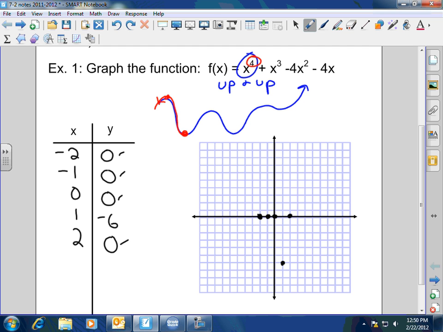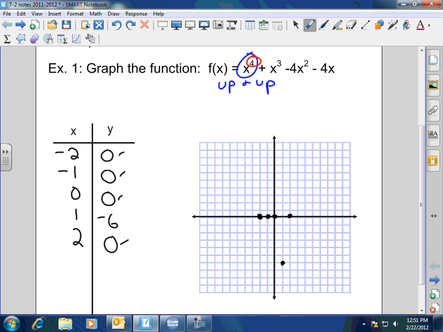This is a turning point because I was going down, now I'm going up. Same with each of these turning points, going up then down, or down then up. So between the zeros, between the solutions, I have what's called a turning point. So let's fill in these gaps.